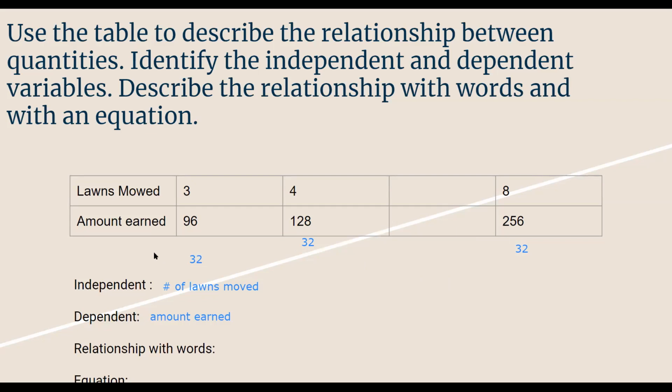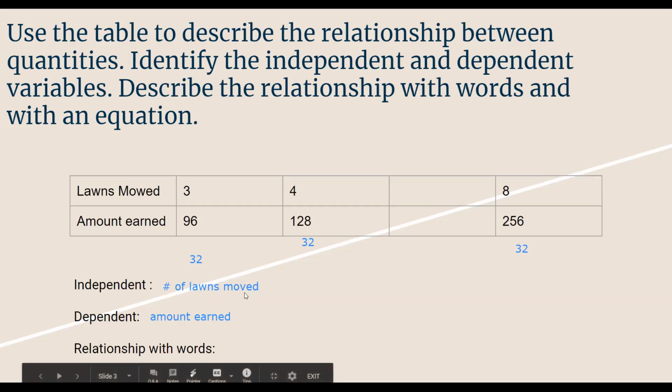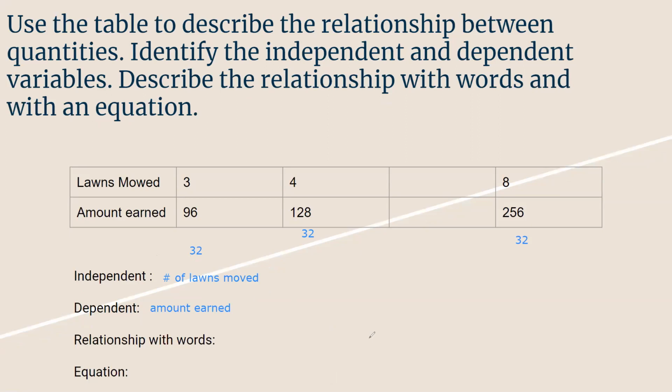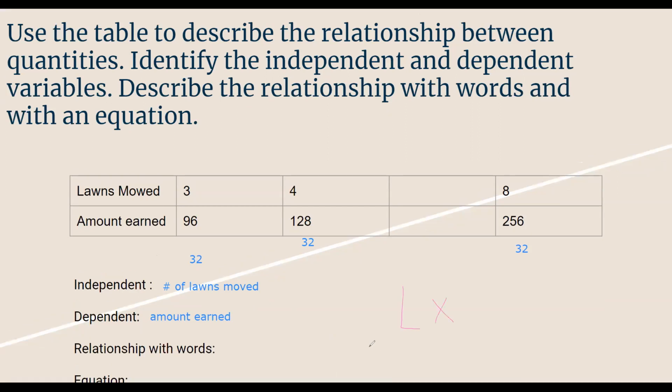So I'm going to write my equation. So what my independent was, and then in my equation, I'm going to multiply by 32. My independent was my number of lawns mowed, so I'm just going to do L for lawns. If you chose a different letter, that is fine. So I have L times 32 is equal to the amount that I earned, or if you want to do A or M for money, whichever.